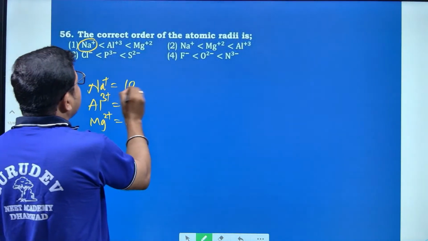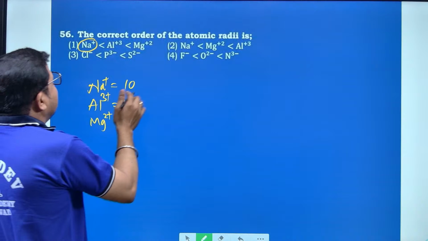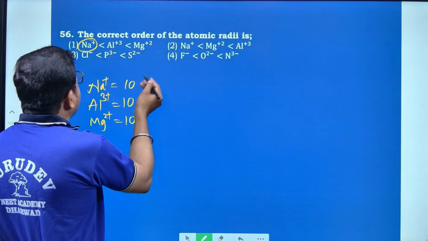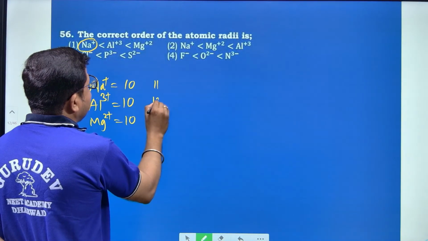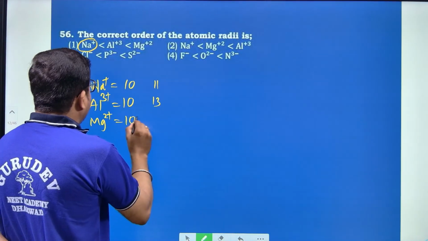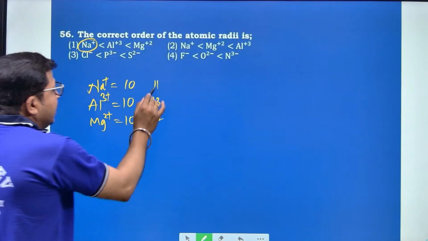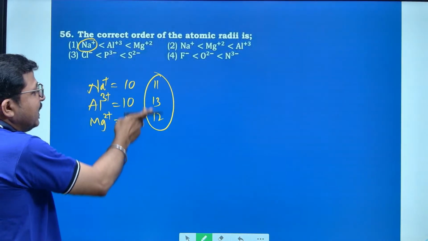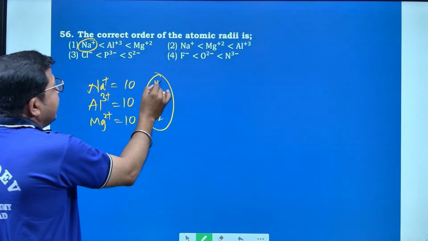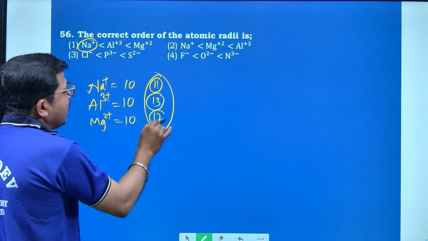But comparing them by the number of protons present, here 11 protons, here 13 protons, here 12 protons. So this is not the right answer because the size of the atom is in lesser order here, but here it is in greater order, and again lesser order is coming.